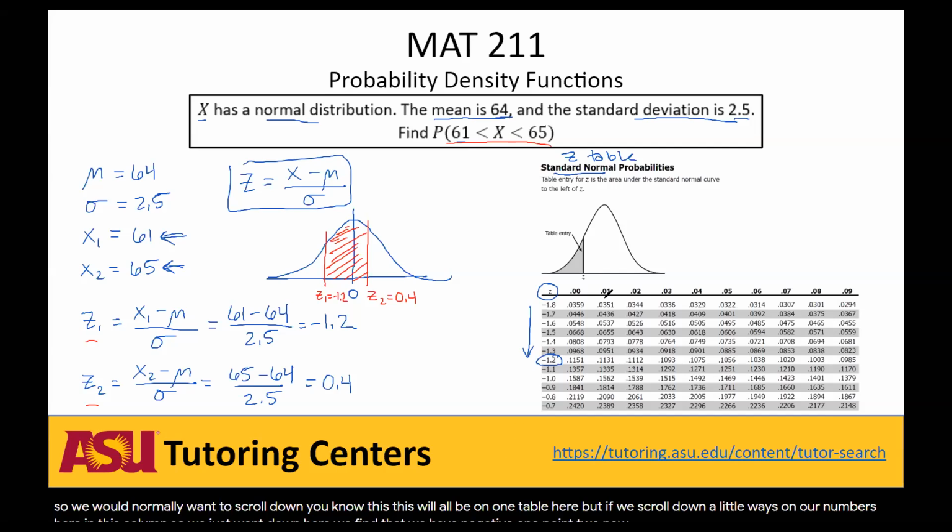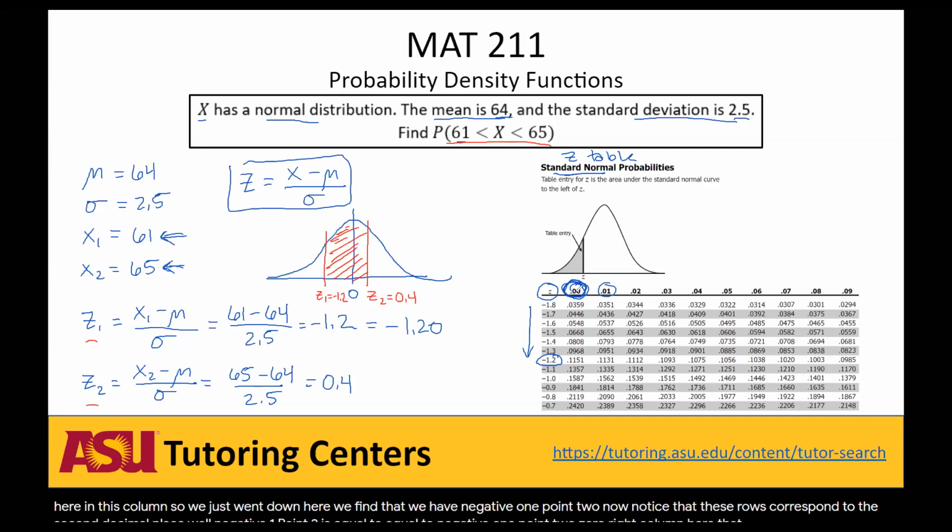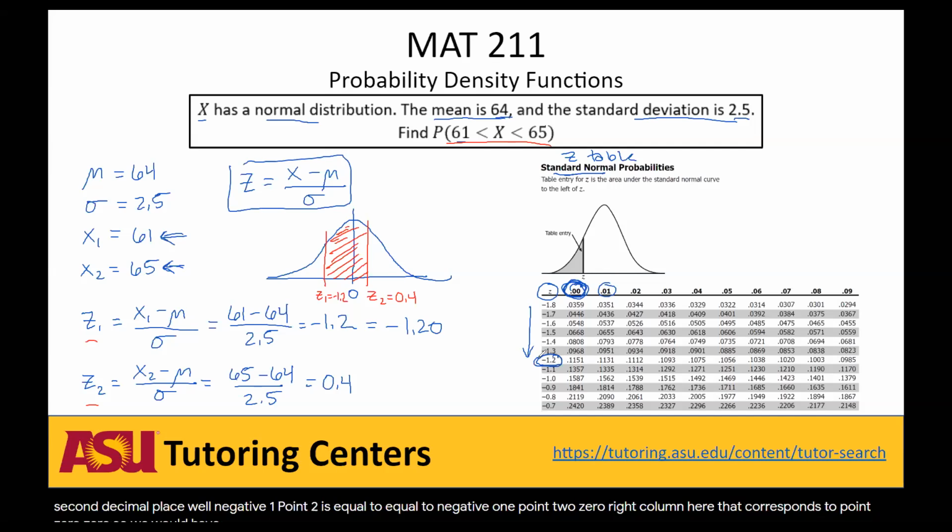Now notice that these rows correspond to the second decimal place. Well, negative 1.2 is equal to negative 1.20, right? So we want the first column here that corresponds to 0.00. So we would have this value plus this value. So negative 1.2 plus 0.00, well, that's negative 1.2, which is exactly what we want.